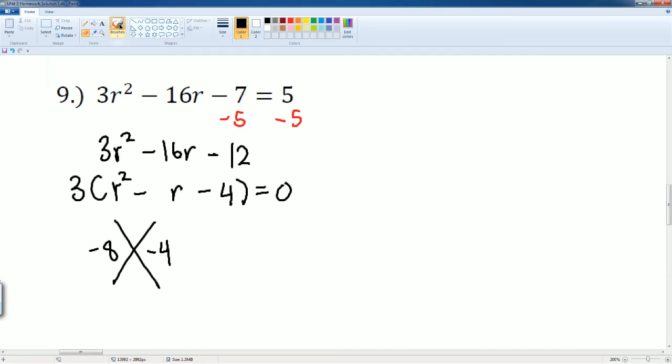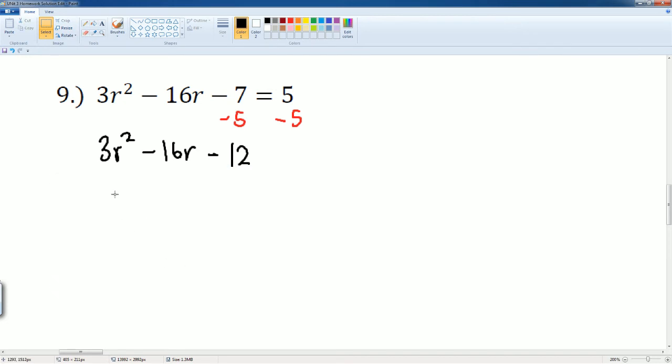Let me double check. No, that wouldn't make sense. You can't factor out a 3. 3 doesn't go into 16. You see? That's why we check our work.